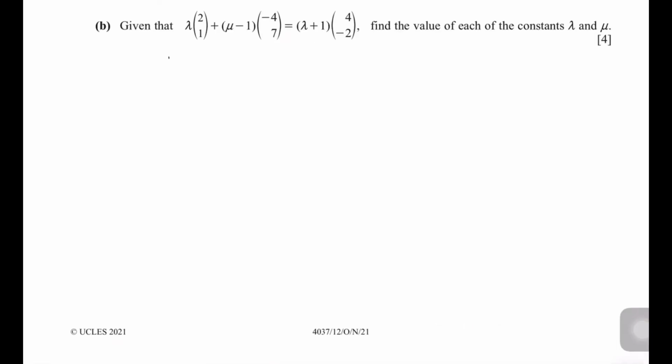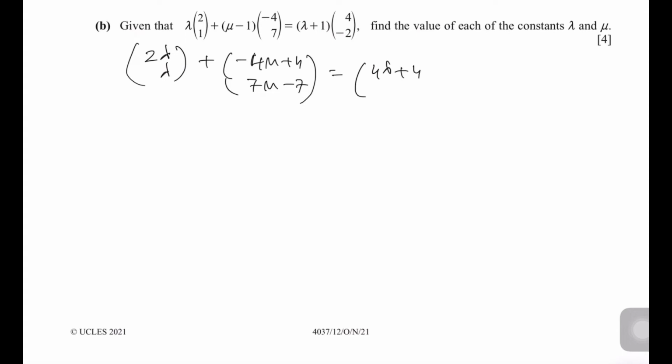2 lambda minus 4 mu plus 4, 7 mu minus 7, 4 lambda plus 4, minus 2 lambda minus 2. Now let us simplify. 2 lambda minus 4 mu plus 4 equals 4 lambda plus 4.